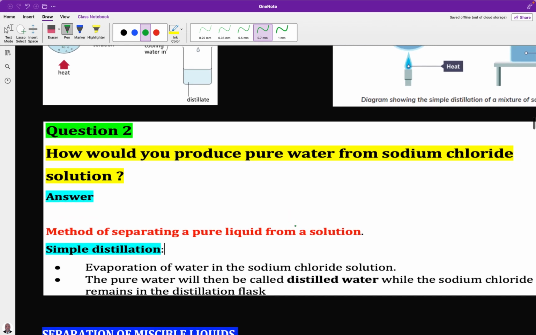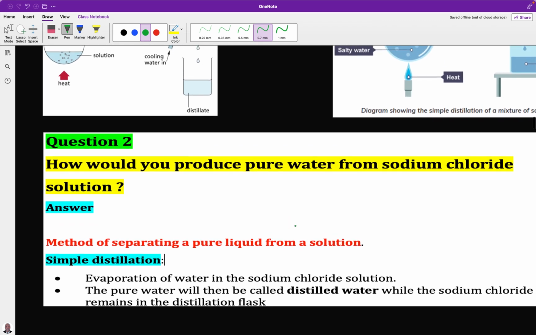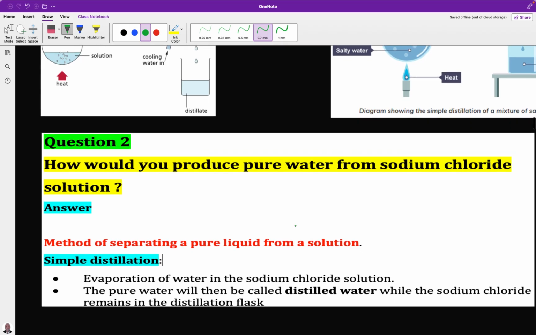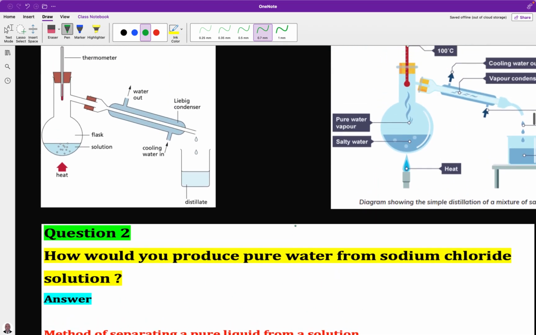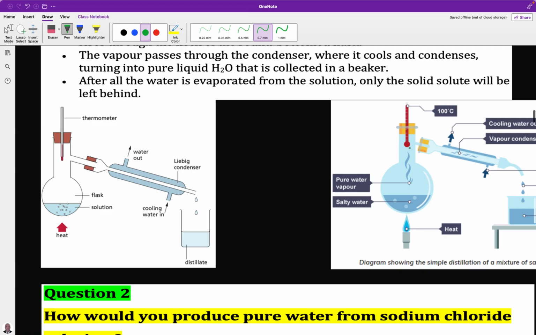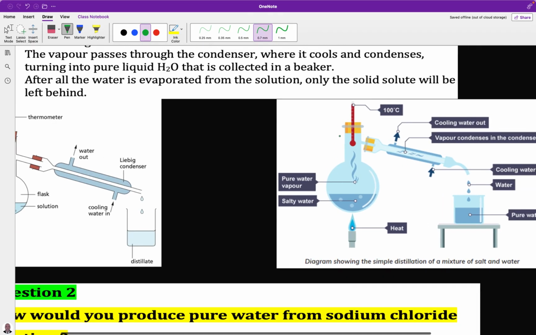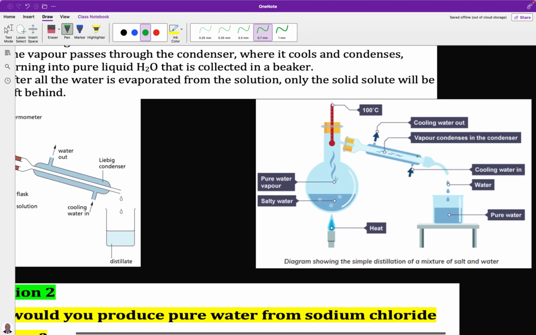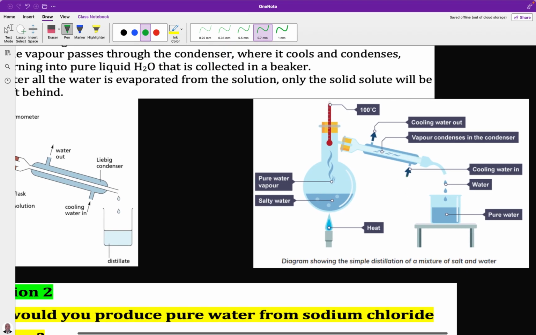Evaporation of the water in a round bottom flask. The water rises up to the neck of the round bottom flask and passes into the condenser. The vapor is condensed by the cooling water that gets into the condenser.